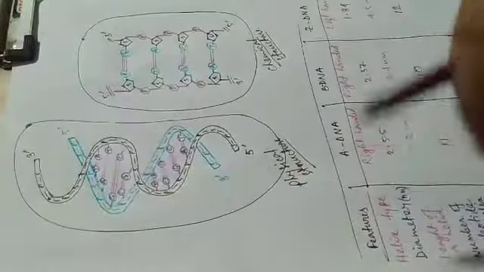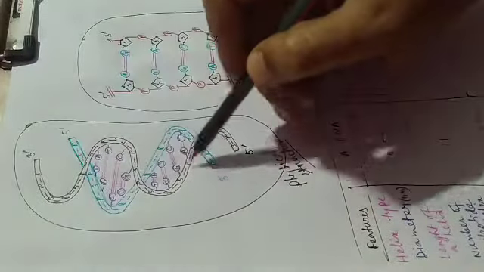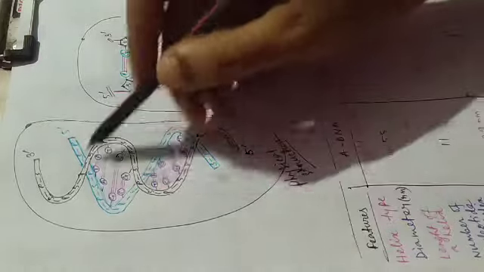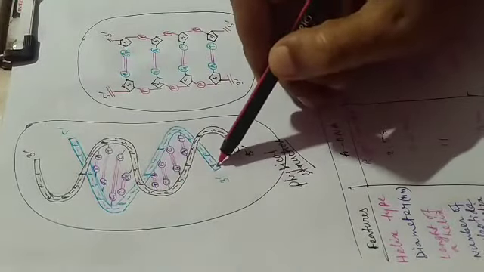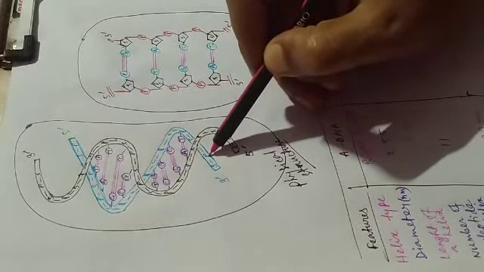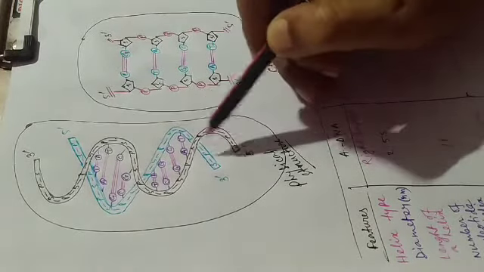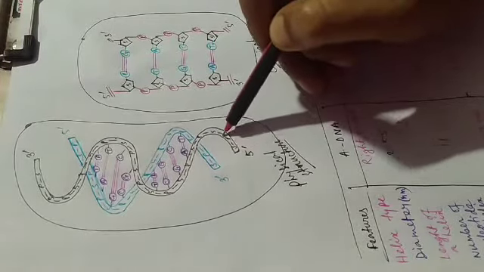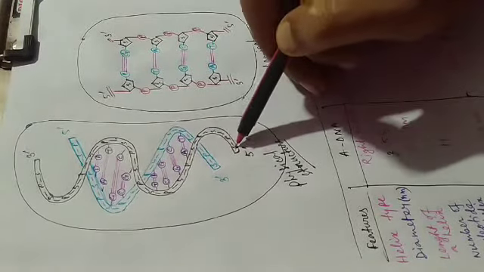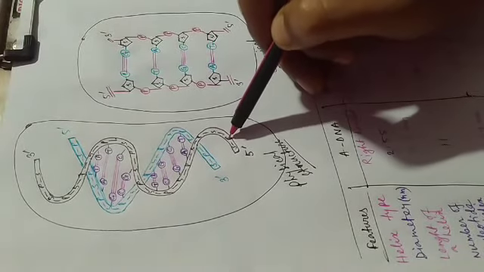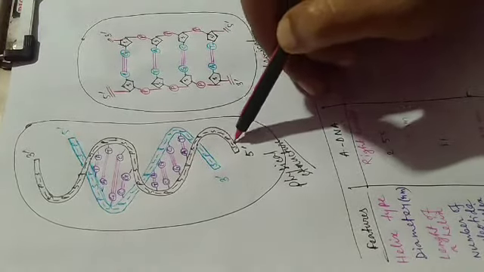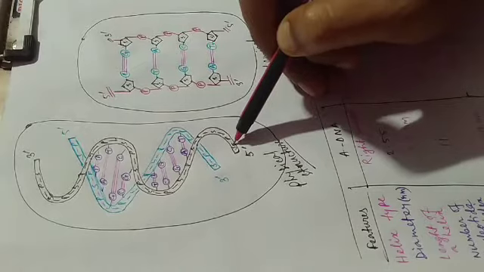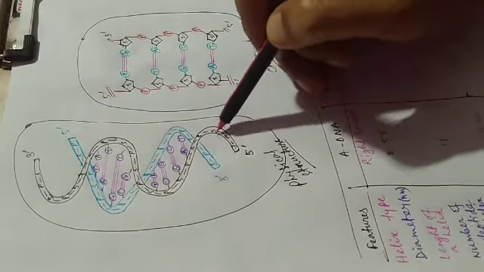Here two strands are present, and the strands are composed of sugar and phosphate joined by phosphodiester bonds, meaning two pentose sugars are connected with a single phosphate molecule by forming two ester bonds. This is called a phosphodiester bond because two ester bonds form between two pentose sugars with the phosphate.